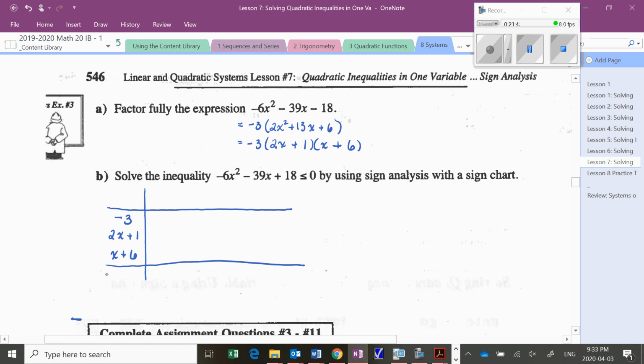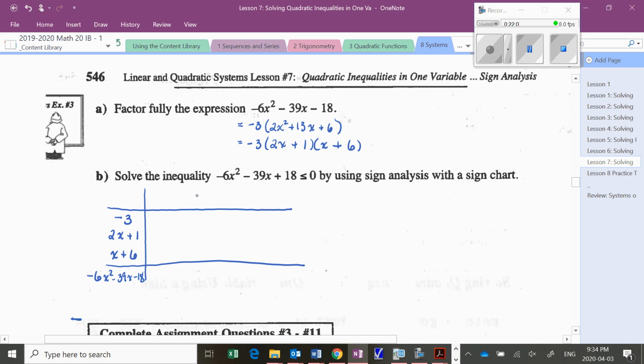And then we want to leave room for the product. And the product is essentially, I can write product, or if you want, you can write -6x squared minus 39x plus 18, which is, of course, the product of all of those above factors. And then you've got a couple of different ways to go through this.